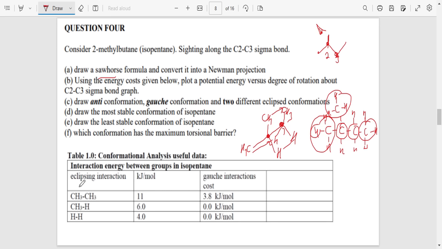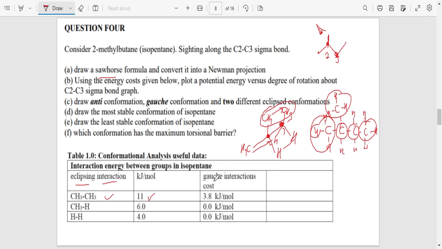Now, we have got an eclipsing interaction, meaning that if I have got this kind of arrangement, we have got CH3, CH3 making an eclipse, meaning they are covering each other, there's going to be a repulsion giving us about 11 kilojoules per mole.